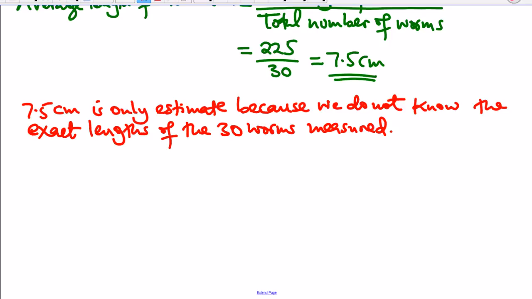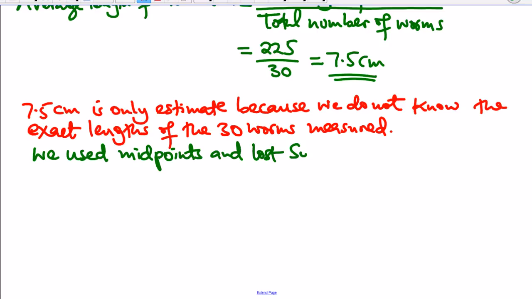Remember, in our mathematical process, we used midpoints and lost some accuracy. The moment you start using midpoints, you lose some accuracy of what the measurement of each of the worms was. This is because we used midpoints and lost some accuracy in our mathematical process.